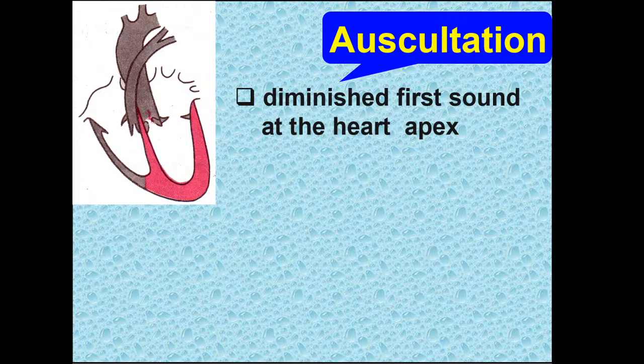First sound diminishes, first of all due to the decreased muscular component of the hypertrophied left ventricle, and it will also be the result of an incompletely closed mitral valve. Later we'll talk about relative mitral valve insufficiency, because due to the coming back of blood, the left ventricle is first of all dilated and then compensatory hypertrophied.